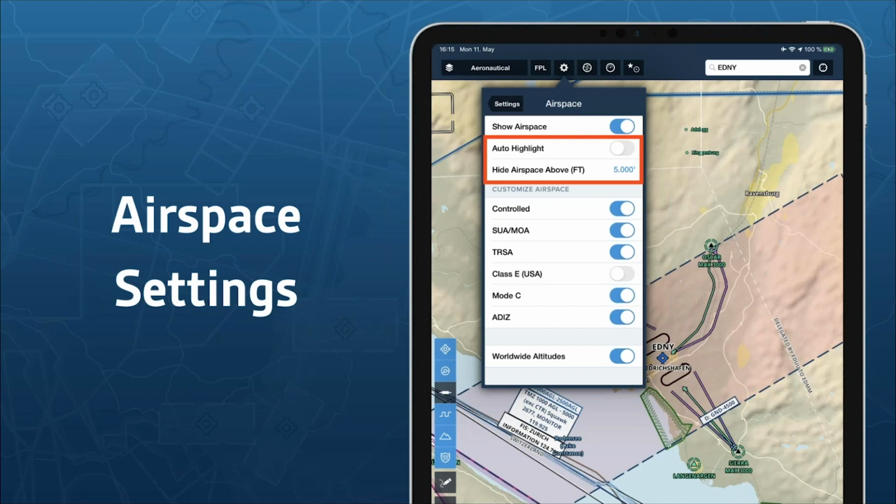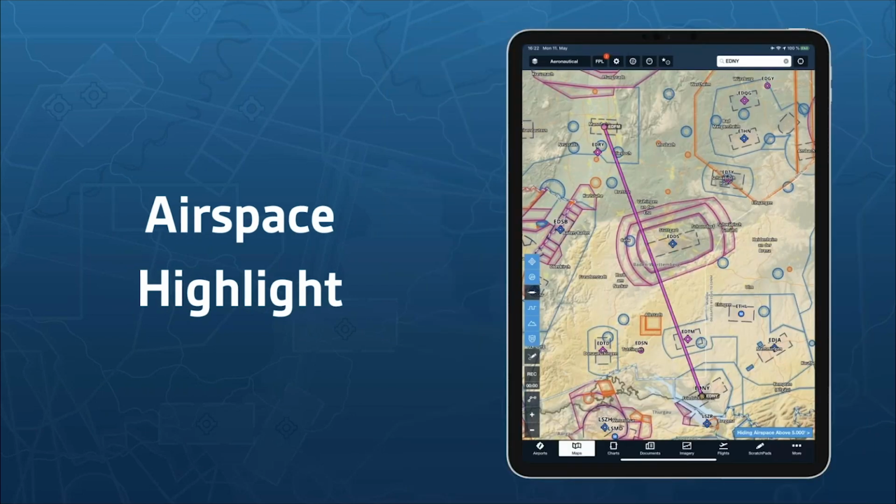There's also one in here called auto highlight. We call this airspace highlighting, and what this does is it doesn't get rid of any airspace, it just dims out airspace that you're not going to be flying through, based on the route and the current position of the aircraft. I just wanted to show what that looks like. I did a quick example route from Friedrichshafen to Mannheim, and with airspace highlighting off, this is what you would see.